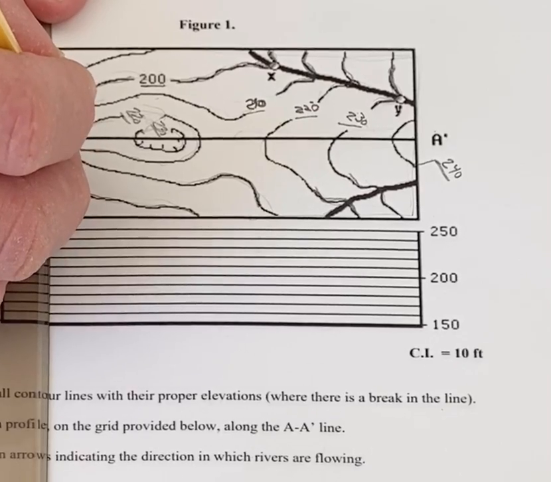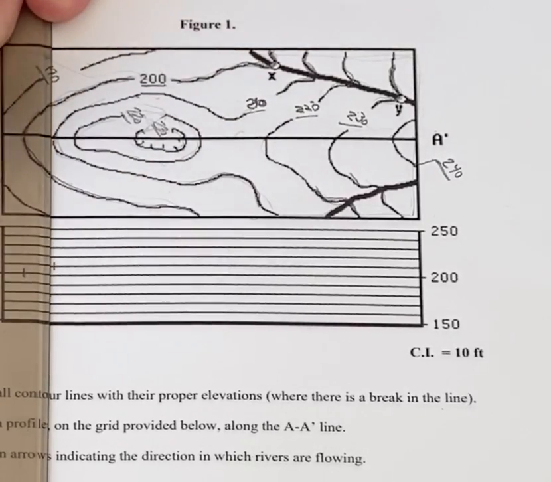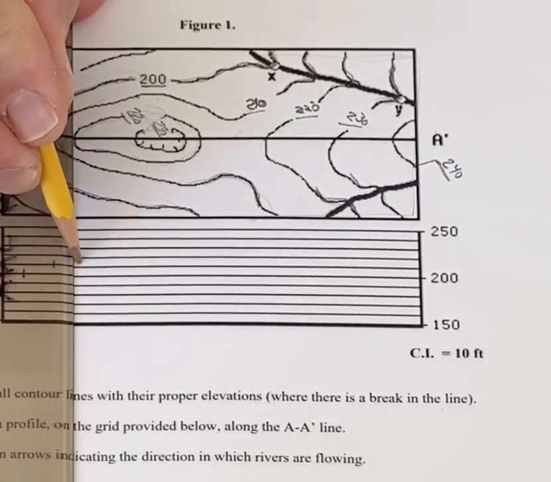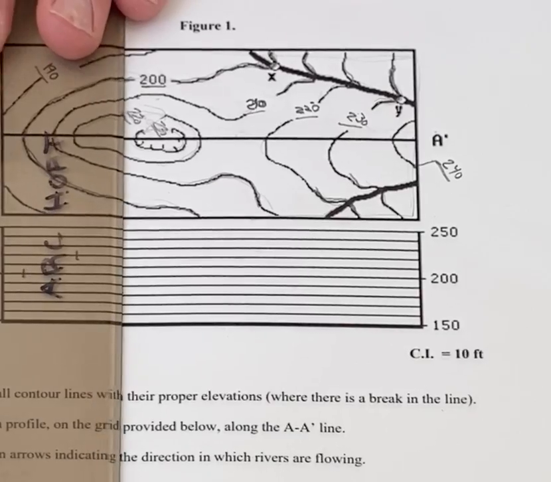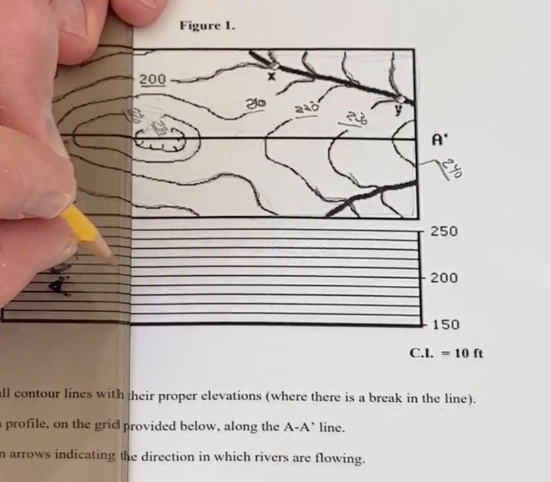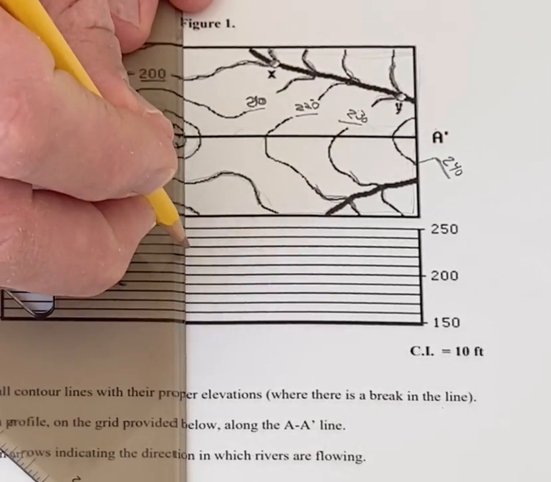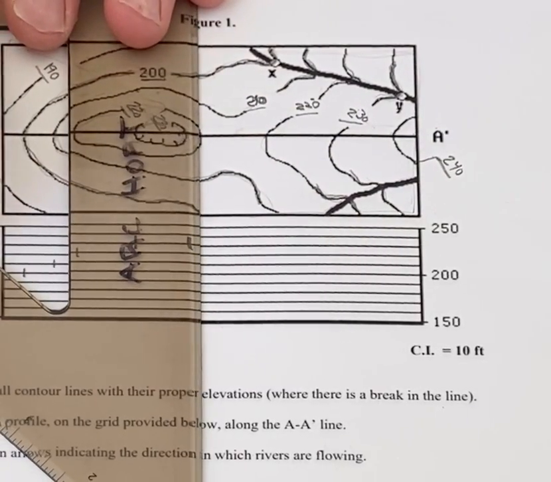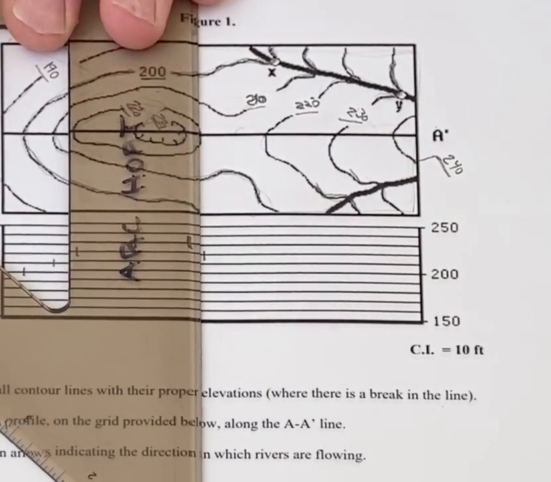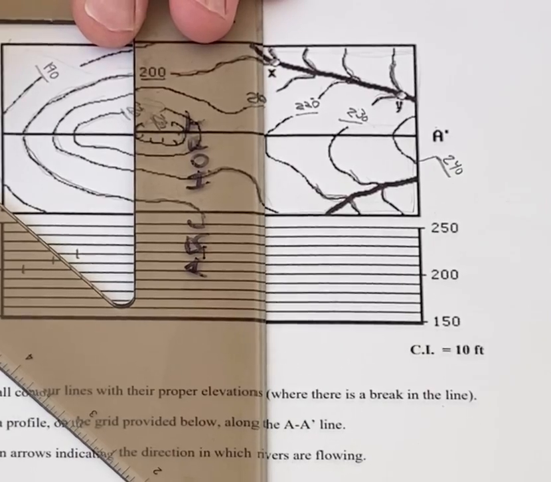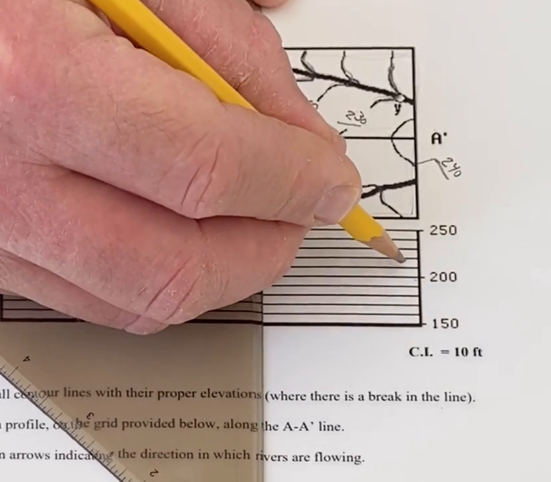So here's our 210 mark. Here's our 210 mark. I'm going to put a little line there. And here's our 220 mark. I'm going to put a little line there, right? Because this is 220, 210, 200, 190, etc. And then finally I've got my 230 mark, and my 230 mark, and then I'm going down to 220 again, and then I'm going across to 220 again, right? 200, 210, 220.